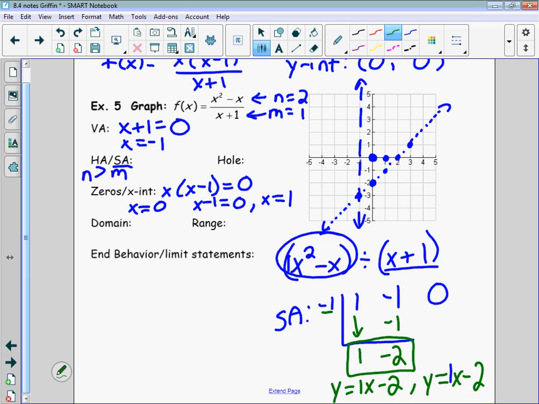I think these other points we have in color. You bring down the 1, multiply, so -1 times 1 is -1, and add down.